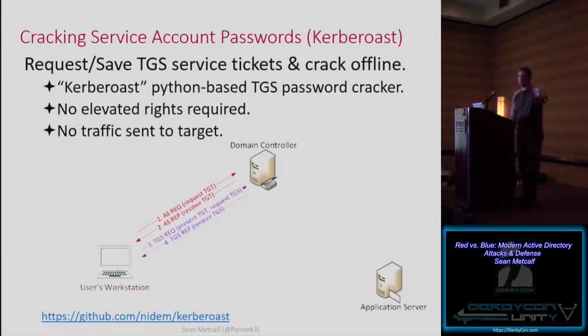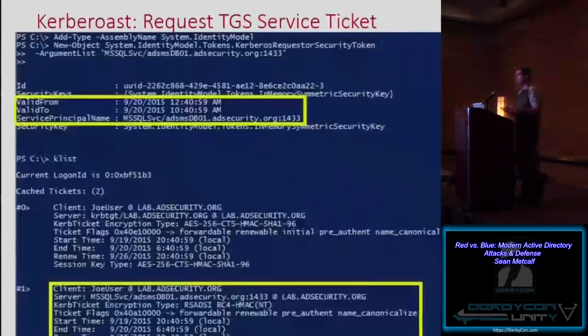So you SPN scan for service accounts that are running for SQL or what have you, actual user accounts in the domain. You identify those, and then you run PowerShell, and you say, I would like service tickets for these specific SPNs. You get that. You can check to see if that service ticket is now in memory. As a user, you have access to your own memory space, your own tickets.